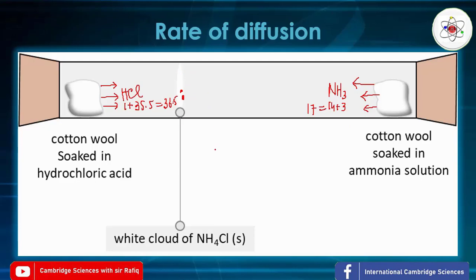When ammonia particles and hydrogen chloride particles collided with each other, they reacted to form ammonium chloride, which appeared in the glass tube as white ring shaped fumes. So this is basically how we can know that in the same time ammonia moved longer in the glass tube, whereas hydrogen chloride moved shorter, because this depends upon their relative molecular mass, right?